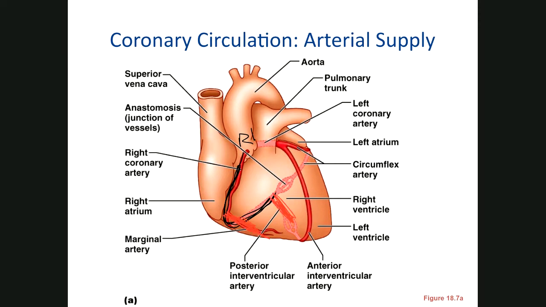And then if we look at the left one, it goes behind the pulmonary trunk till it gets right here. And then it's going to split. And we're going to get the anterior interventricular and the circumflex. Make sense? Any questions?